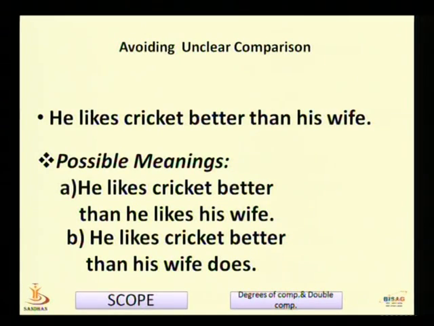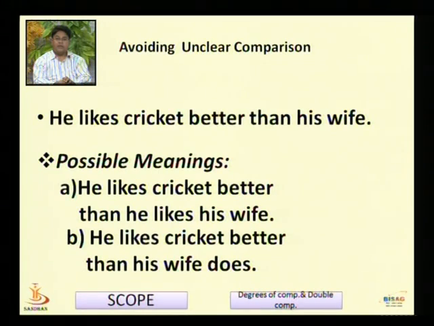We should avoid unclear comparisons. Now we have an example on the screen. Unclear comparison means when we use the sentence, it is not clear. The listener may have two possible meanings also, and it becomes sometimes ambiguous also. See the example on the screen. He likes cricket better than his wife.